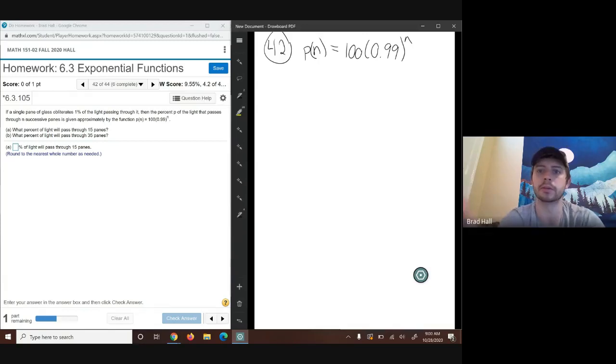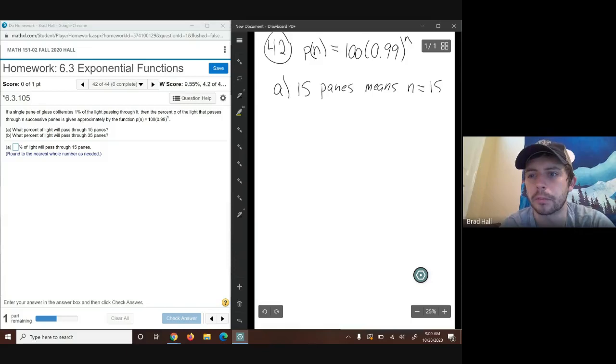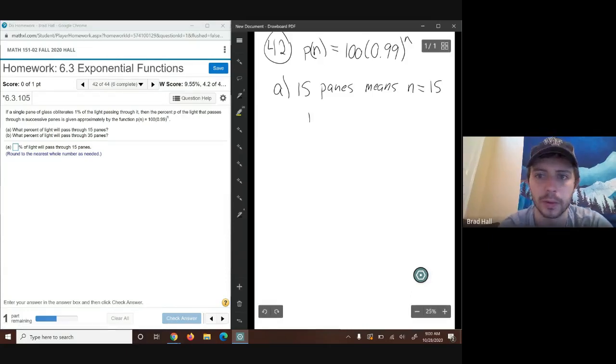And then for part A and B, really all they're doing is giving us the value for n. So in other words, they're giving us the x value and having us solve for y. So this is a glorified do-it-in-your-calculator problem. And that's all it amounts to. 100 times 0.99 raised to the 15th power.